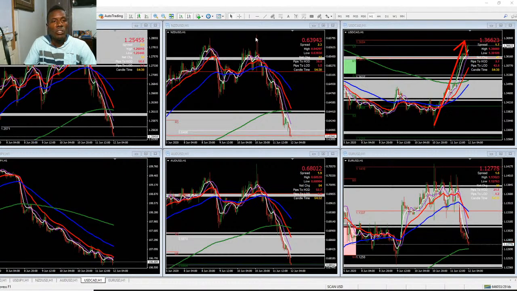We can determine the straight distance from this recent swing high, falling from here to here, from here to here.